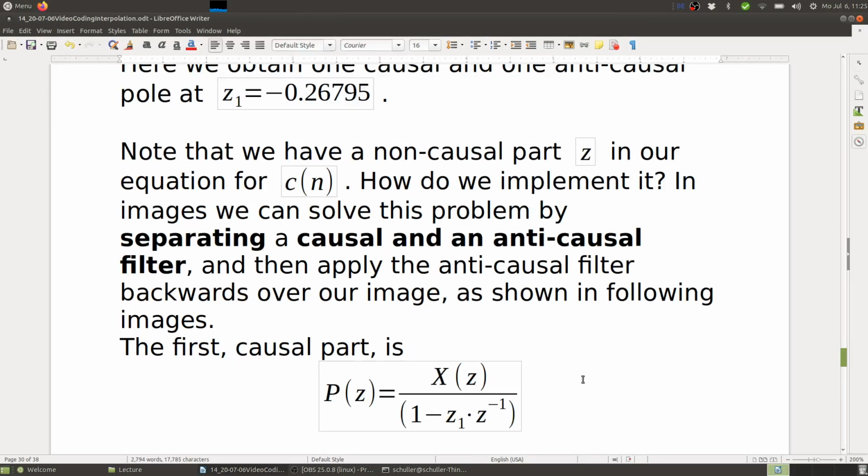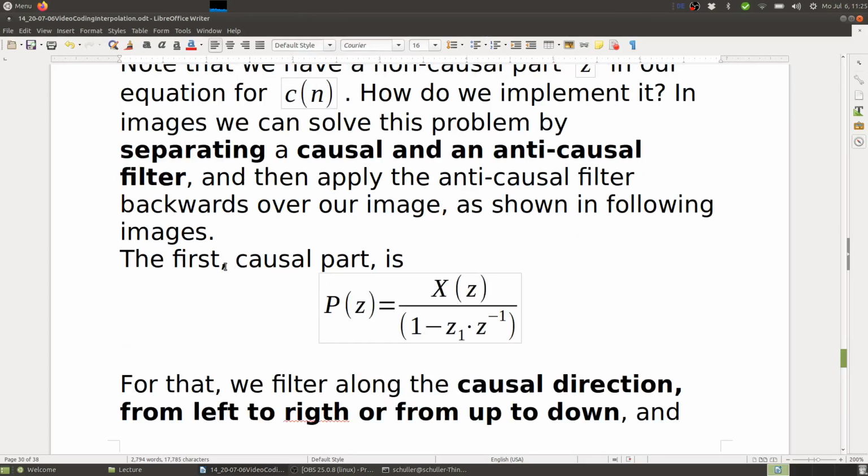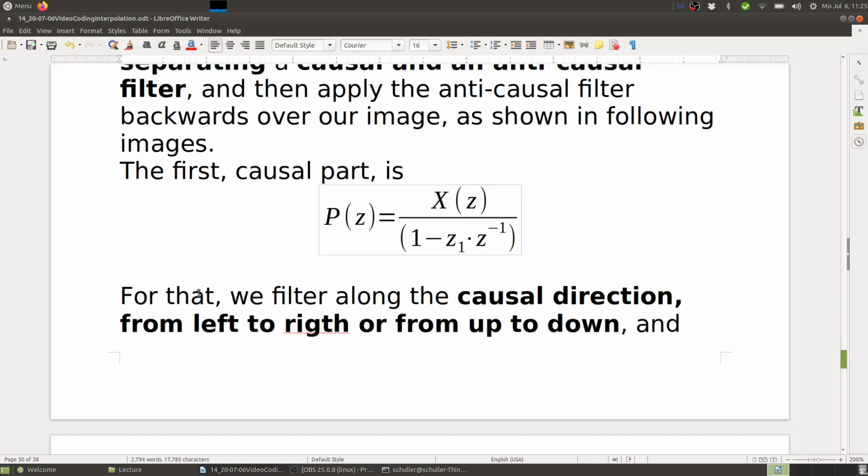And this is shown in the following. First, the causal part is this, right, with a z to the -1. And for that we filter along the causal direction from left to right or from up to down.